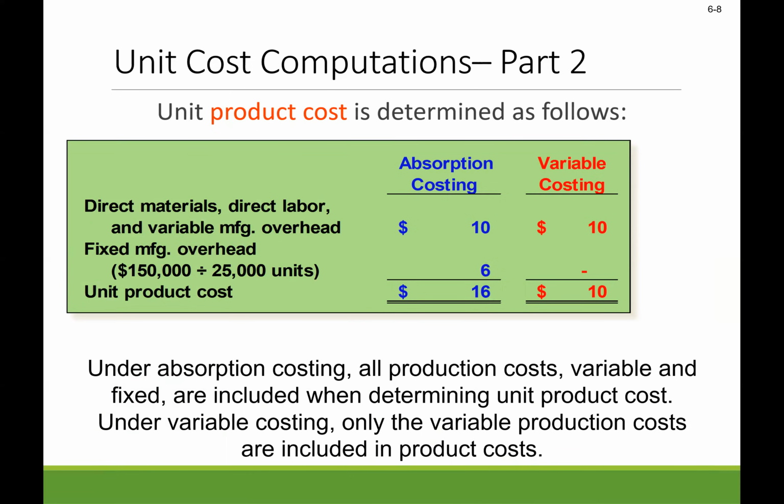Under absorption costing, the fixed manufacturing overhead is part of product cost, but not in variable costing. Under variable costing, only the variable production costs are included in product costs.